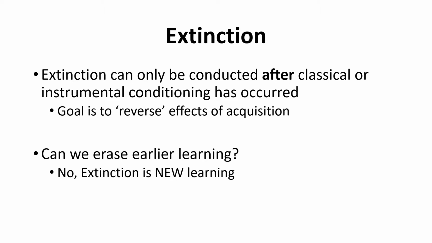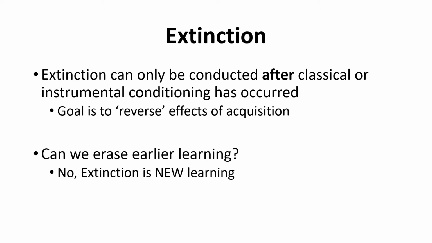So in both cases, that increase in responding is what we're trying to counteract with extinction. On paper, the goal is to try and reverse the effects of acquisition. The problem here is that we're not actually erasing earlier learning. Even though extinction is sort of the exact opposite direction of acquisition, where we're having a reduction in that learned behavior, and even though on paper we're trying to reverse those effects, it isn't a straight one-to-one reversal.